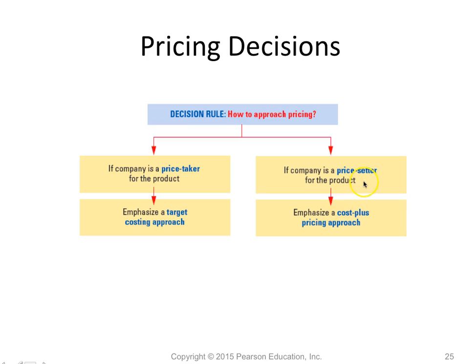If we are the price setter, we look at a cost plus pricing approach. Not necessarily is it always this. It's just mostly we use different approaches for different market positions. If you're a price taker, target costing, and if you're a price setter, the cost plus pricing approach.